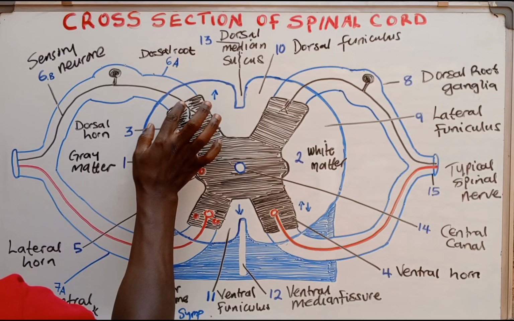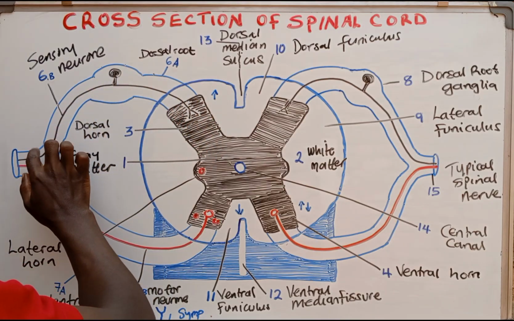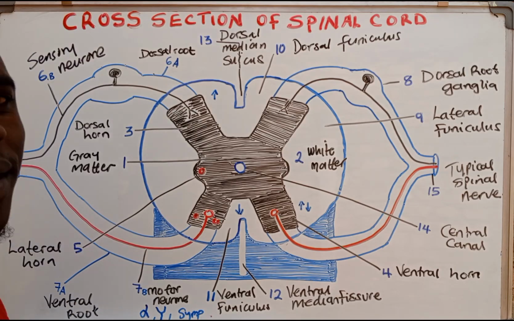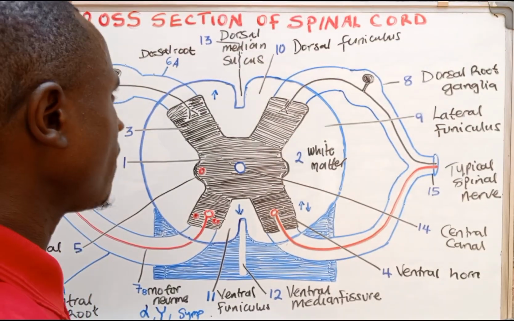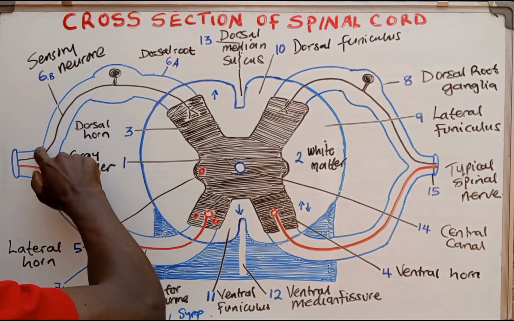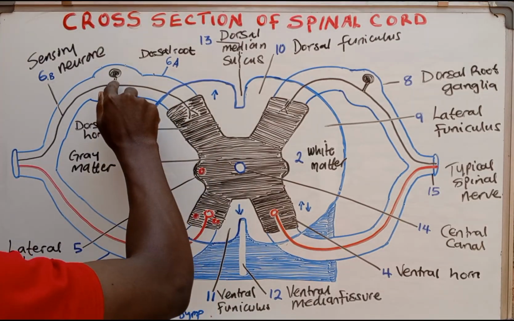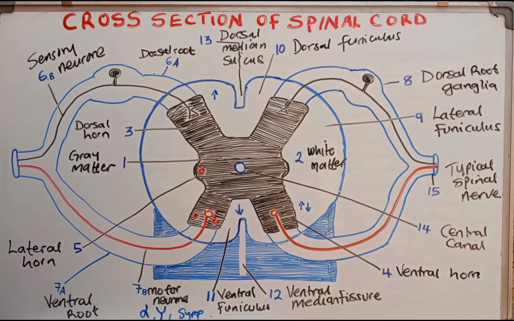Okay, and then we have the sensory neurons which are going to be passing through the dorsal root. And this kind of sensory neuron is going to be more of a pseudounipolar neuron, because it's going to be having what we call the peripheral process and then the central process that enters into the spinal cord, and of course the lateral cell body. It's such a beautiful thing.